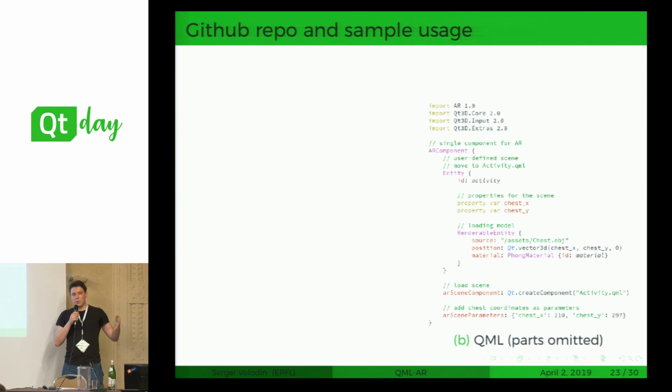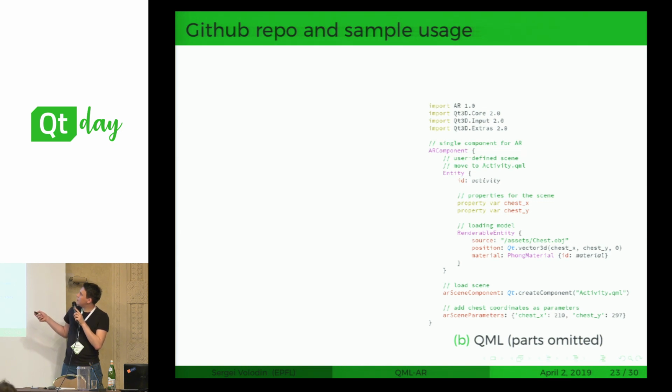Okay. And overall, it's really easy to use now. So at our lab, we used it for one application, but I will not talk about that. I will talk about a more general case. So the way it works is that you have an AR component, which you import from our module.